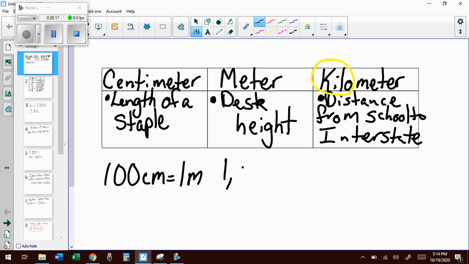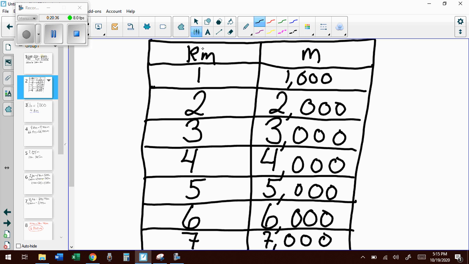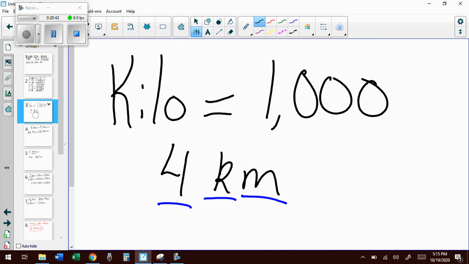And 1,000 of those equal 1 kilometer. A kilometer measures those really, really, really long distances, where we would say miles. 1 kilometer is 1,000 meters, 2 kilometers, 2,000 meters, 3 kilometers, 3,000 meters, and so on.